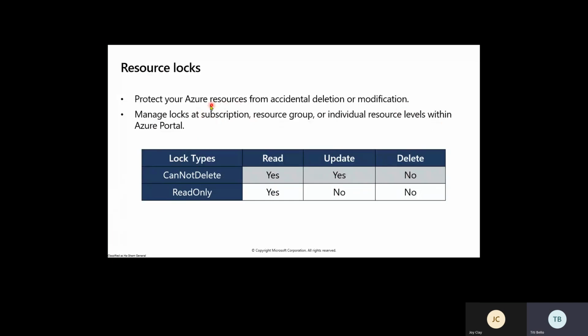So if you apply it at subscription level, and you have said do not delete, and then something happened and you truly needed to delete a particular resource in that subscription, you will not be able to, because the lock is inherited and travels down. If you put it at the subscription level, it travels down to resource group level and to individual resources. If you put it at resource group level, it travels down to individual resources within that resource group. And if you apply it to an individual resource, it is just that resource that is going to be affected.